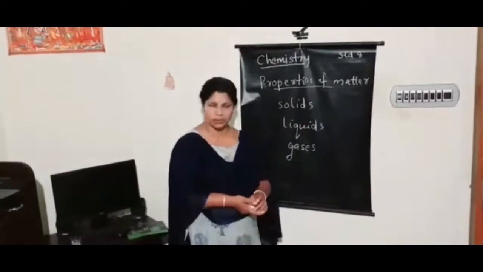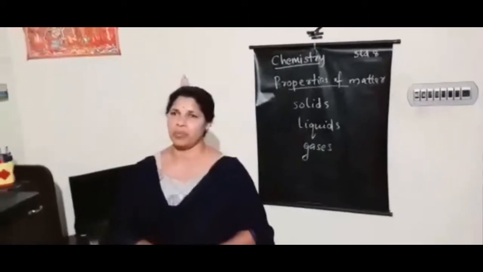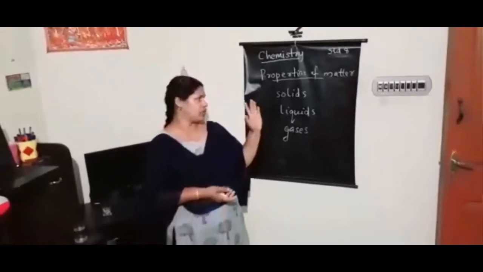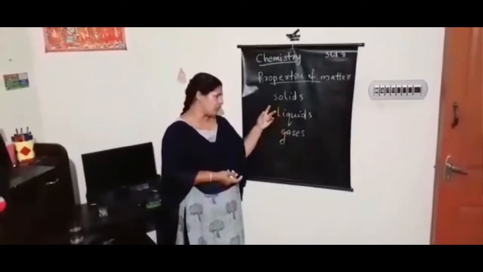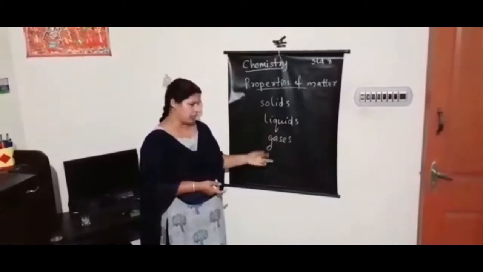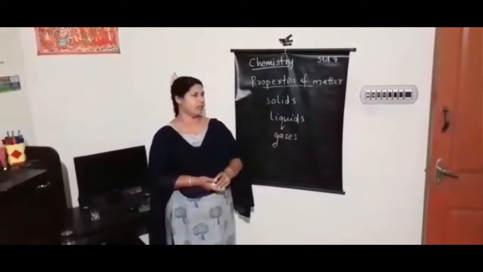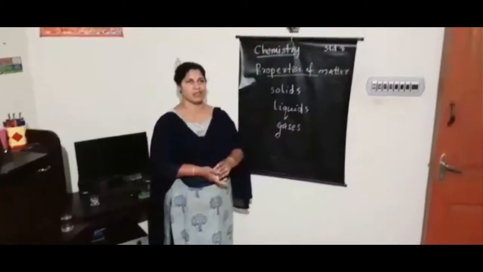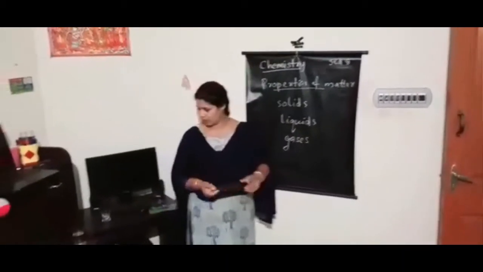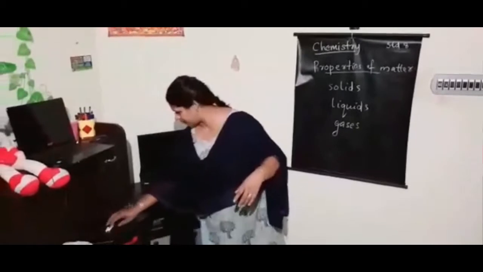Now we are going to study the special properties of this matter. If it is solid or liquid or gas, whatever it may be, this matter has some properties. Okay, let us see.